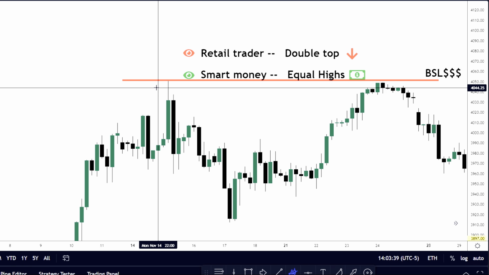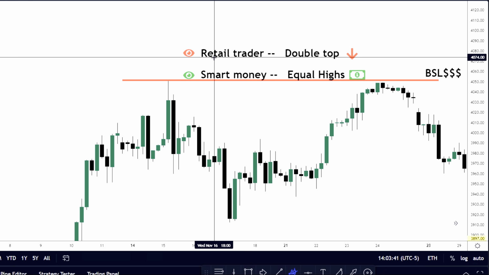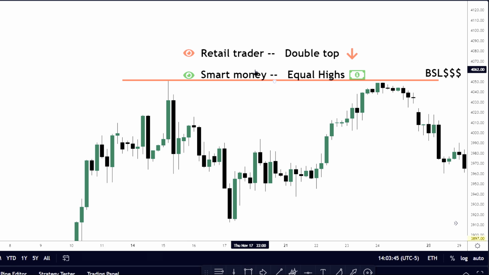So here we have an example of equal highs, whereas retail considers it a double top. They think this is a double top and it's resistance. Smart money, we think they're equal highs and there's liquidity up there, and the algorithm's going to push it up there so very large traders can get out.